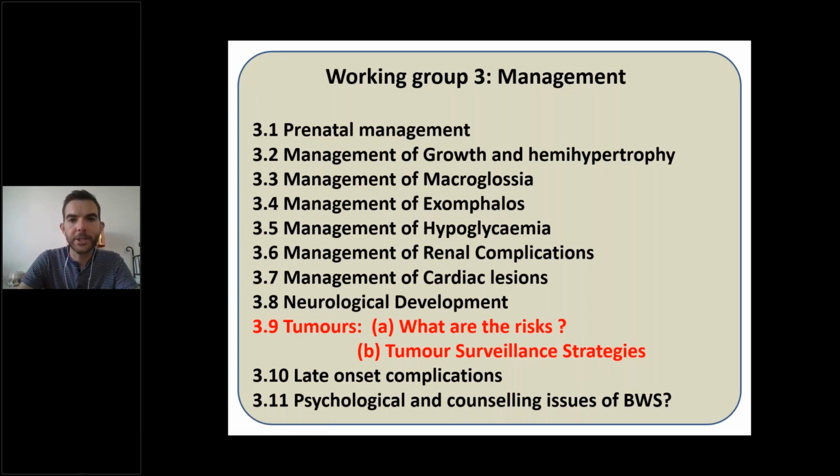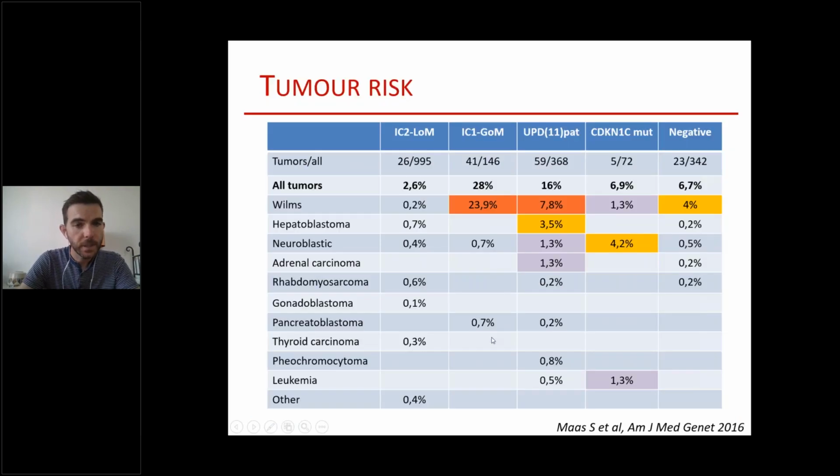So regarding the management, again, I won't go through all the recommendations that we made during the consensus, but I will focus on the strategy about tumor surveillance. The overall tumor risk in BWS is about 7%, but you can see on this slide that the tumor risk is highly correlated with the type of molecular defect.